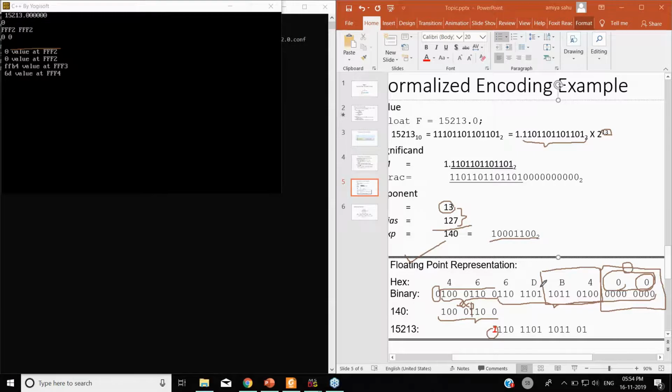And what about the next byte value? D6. The next location is D6. See, 60 B4. We need to look at the next location, that is FFF5. The program is not yet complete, so let's go to the program and change it and look at this.